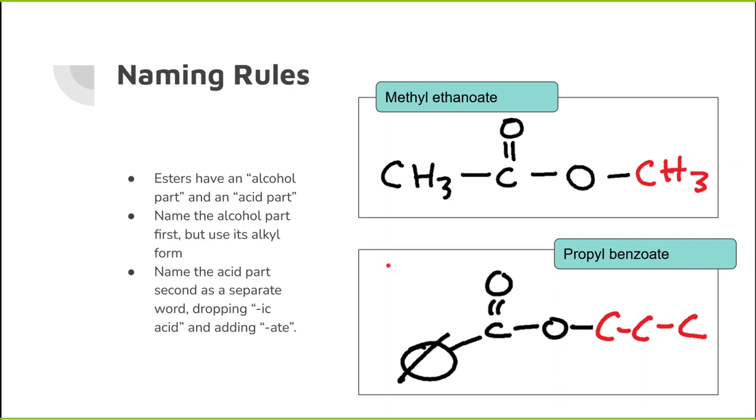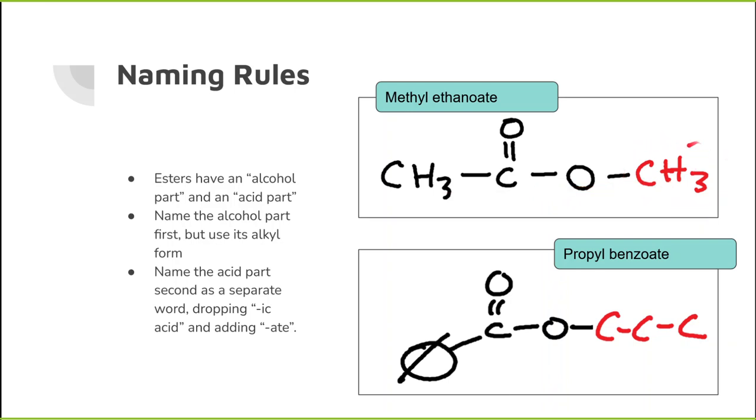Okay, naming rules. So like we just said, esters have an alcohol part and an acid part. You name the alcohol part first, but you use its alkyl form. And then you name the acid part second as a separate word, dropping ic acid and adding ate. So here we've got this ester. The alcohol part is this CH3. That's that R that came in and replaced the hydrogen. This whole part here is your acid part.